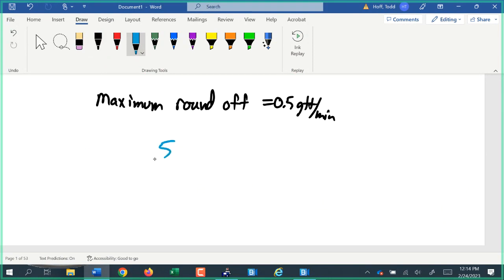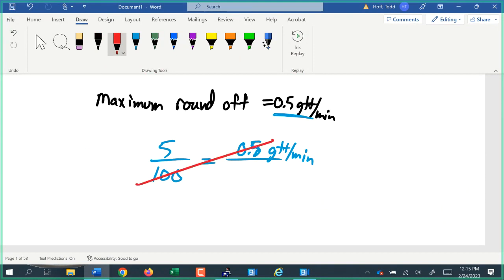If we want to stick to that 5% standard, 5 out of 100 equals 0.5 is the error, so the 5 up here represents the error. So the 0.5 goes with that. And we cross multiply and divide. 100 times 0.5 divided by 5 gives us 10 drops per minute.